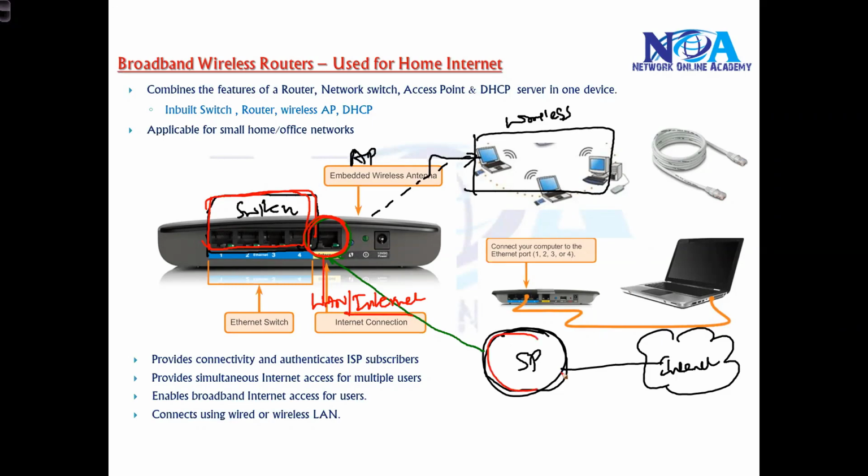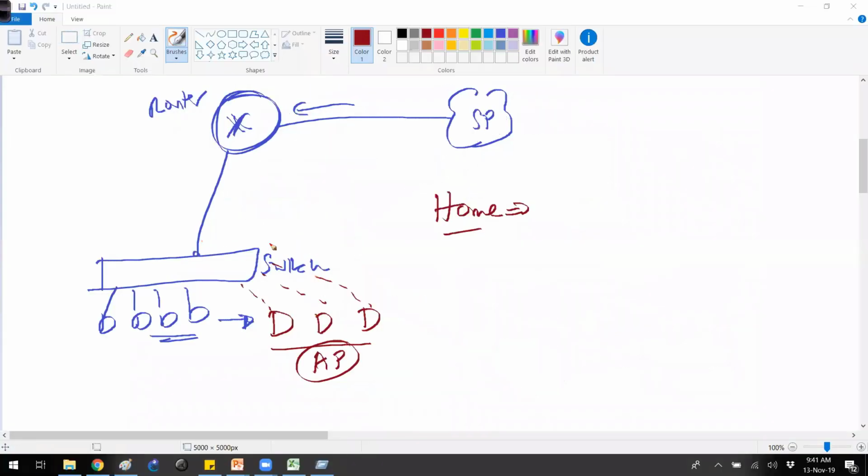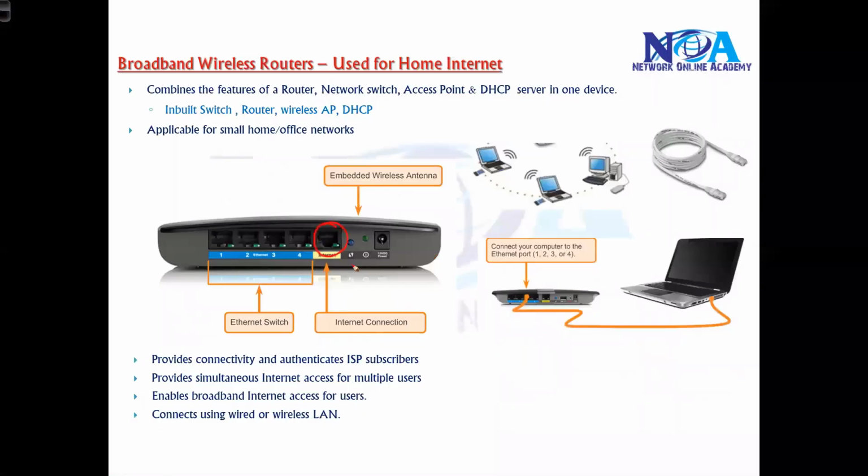The connection comes on this port, just like the diagram here, where we got a router: one connection comes on a WAN, and then that connection takes you to the LAN. Similarly, this port is going to simulate the router job. So we got an inbuilt router feature also.